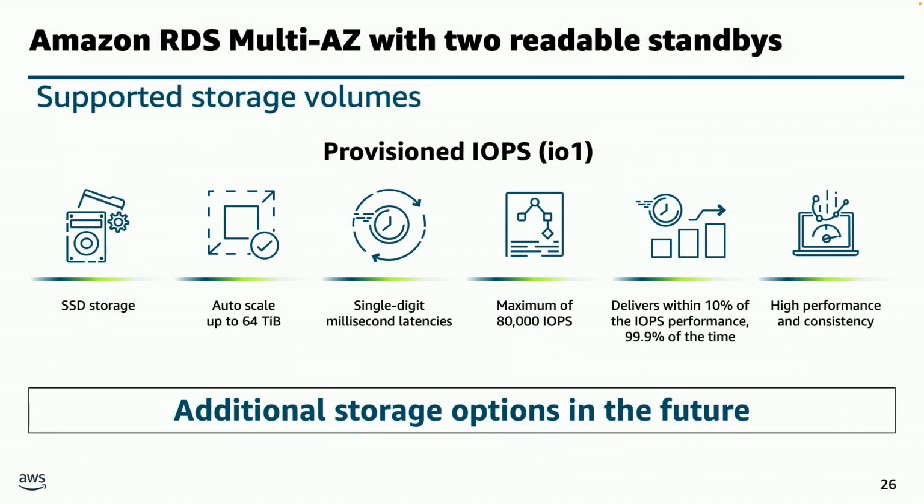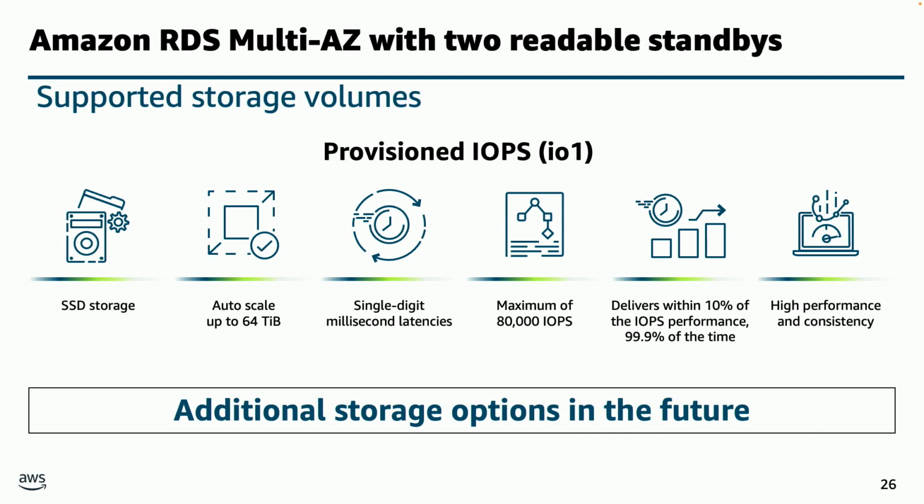Another thing is storage. Normally, an RDS instance provides GP2 and provisioned IOPS, but with this option we are using only provisioned IOPS. Additional, enhanced storage options might be available in future, but right now what we have is provisioned IOPS.